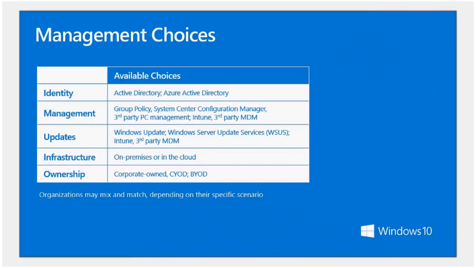So when we look at the types of choices that we have, it's not just about the management tools themselves. It's also about some other pieces around that, like identity. We've had Active Directory for quite a few years, and most organizations are using that for identity within their organizations. But as we move into a cloud-based world, we need to extend the directory to the cloud as well.